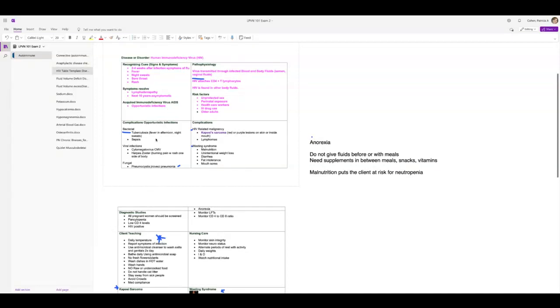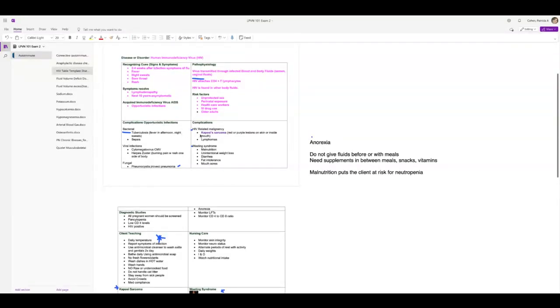They can develop sepsis, especially when their CD4 level is low. They can develop pneumonia as well when their CD4 level is low. They get viral infections, herpes zoster. So that's a chickenpox virus, a varicella virus. So you got to put them on airborne precautions.